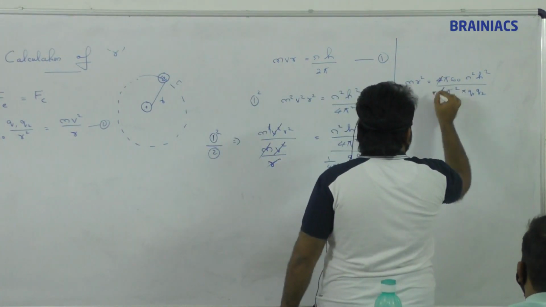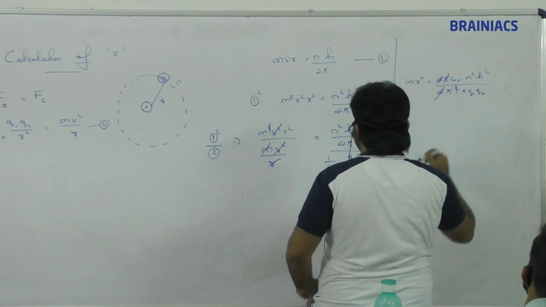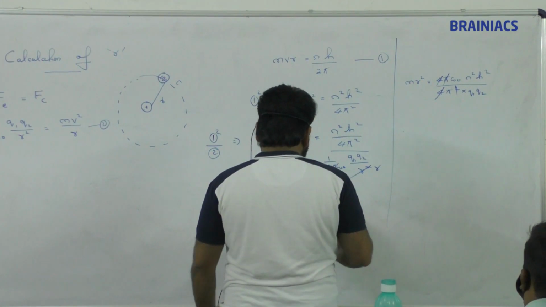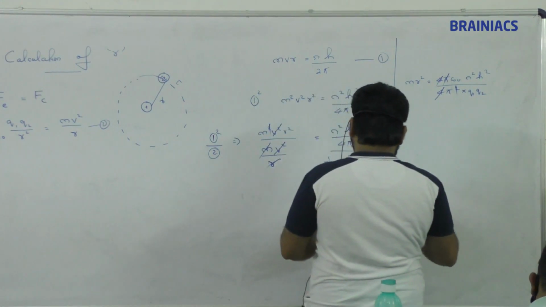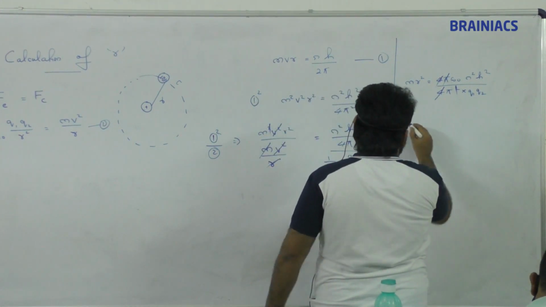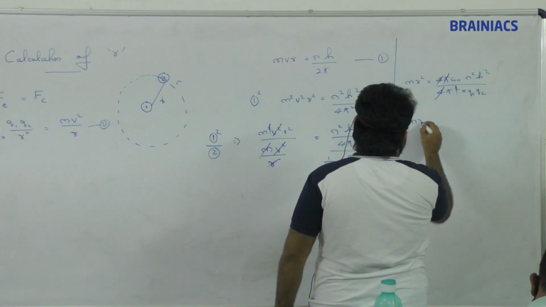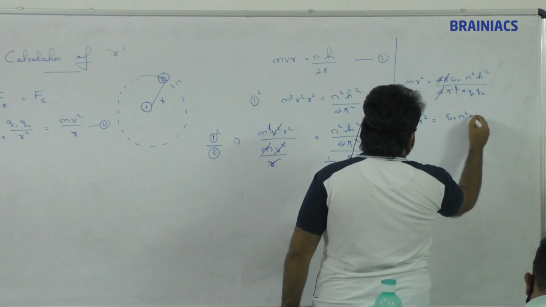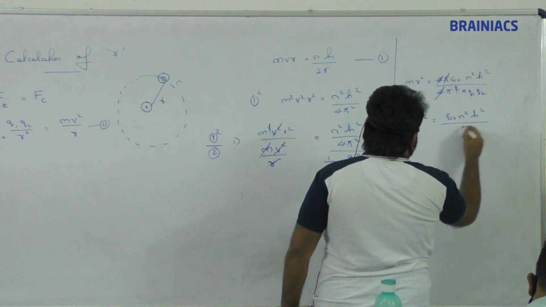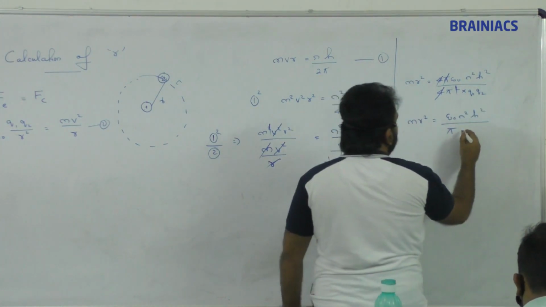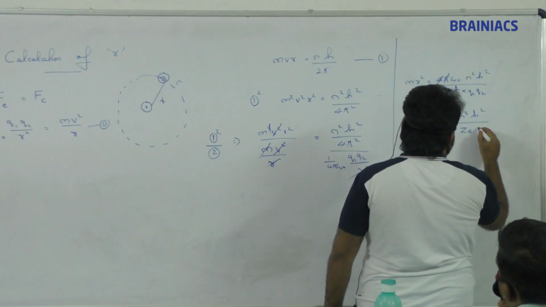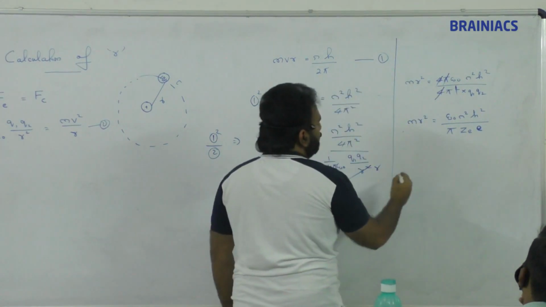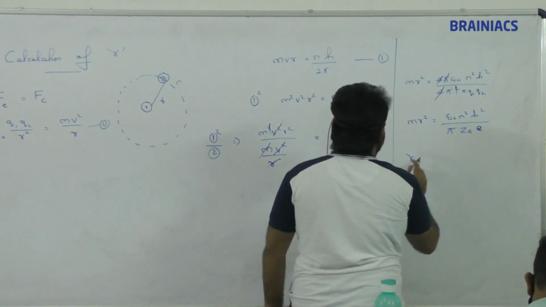This 4 will cancel off, this pi square will cancel off. If anything extra is there, please tell me. So finally m r square is equal to epsilon naught n square h square over pi, and q1 is going to be ze and q2 is just e. So what will r become?